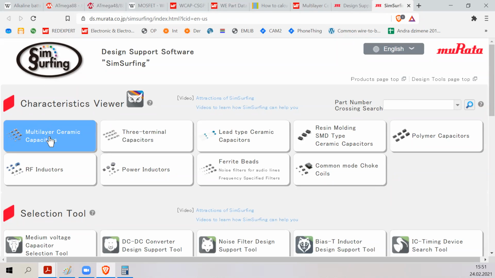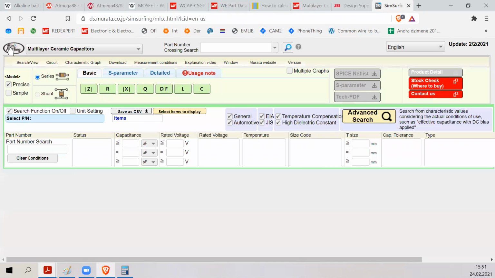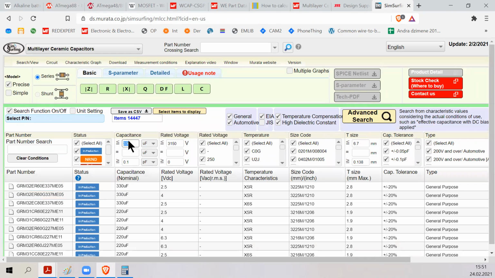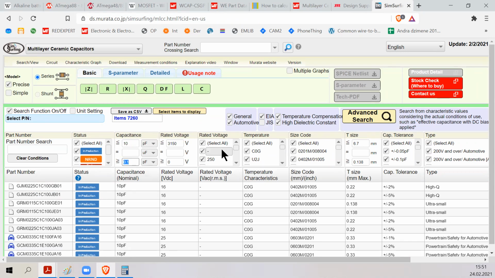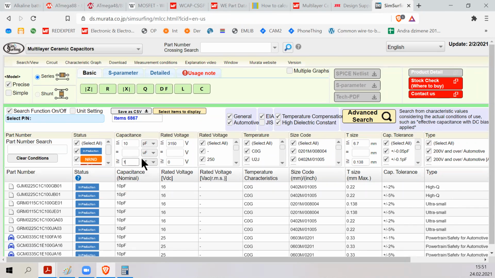So let's check out multi-layer ceramic capacitors. Their search engine is called SimSurfing. And so here I select capacitance between 10 picofarad and 15 picofarad, or I guess 15 is higher and here is 10 picofarad.